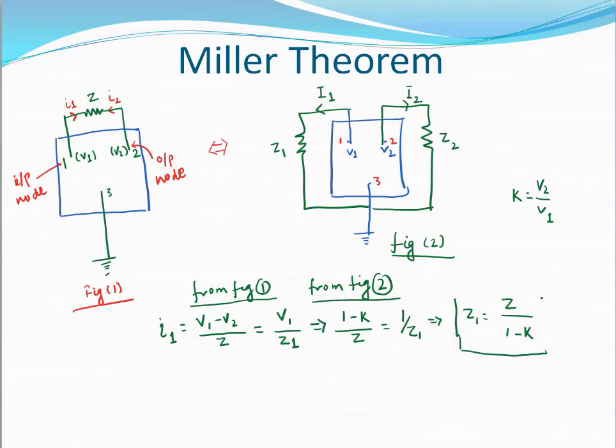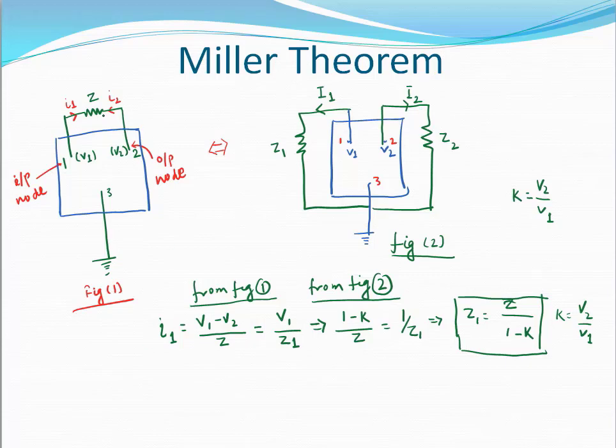K is nothing but the gain, K is equal to V2 by V1. So we have found the value of Z1. Similarly, we will get the value of Z2.